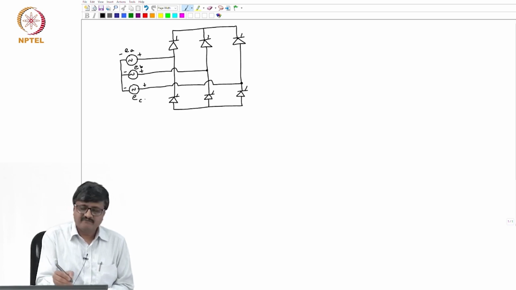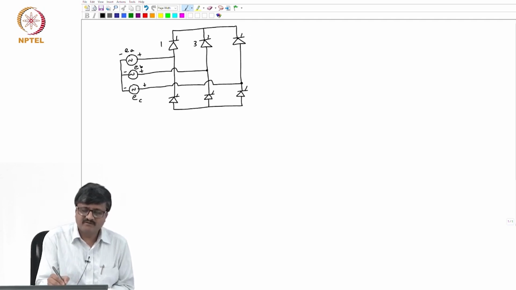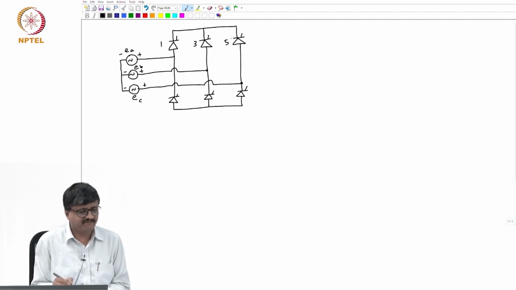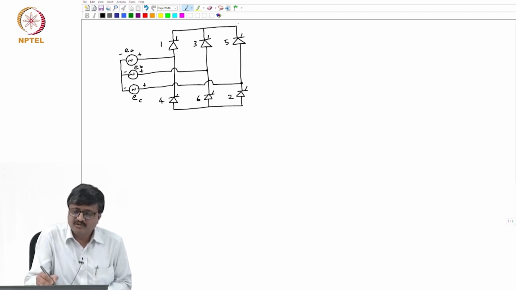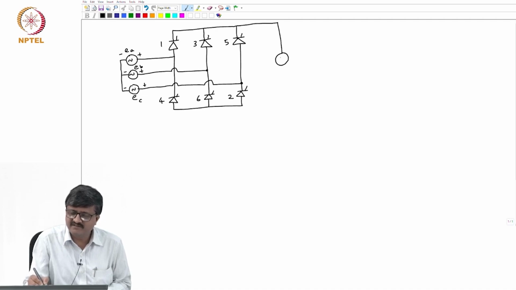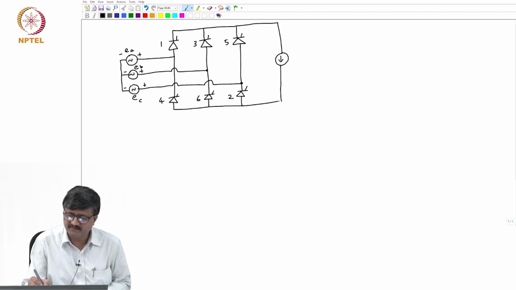So, the valves are numbered as 1, 3, 5, 4, 6, 2. On the DC side, the representation is a current source which is constant. So, I have a constant current ID on the DC side.